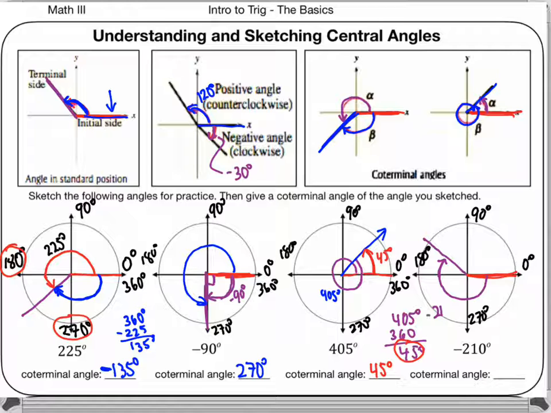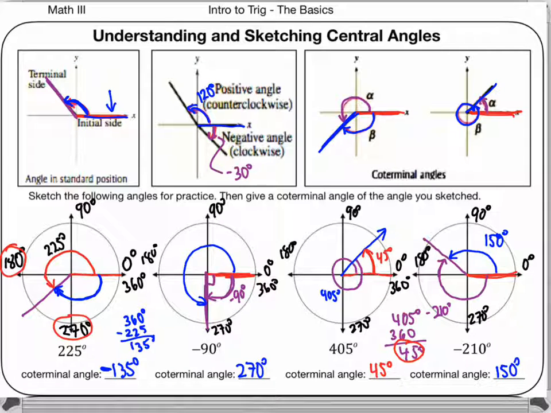Okay, that looks like 20, so let me fix that up. So it's a negative 210. So I know that if I go in this direction, what's going to be left if I have 360 and 210 is already eaten up from it? That answer is going to be 150 degrees, which is going to be a coterminal angle.